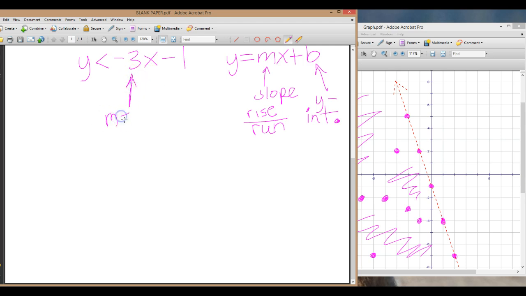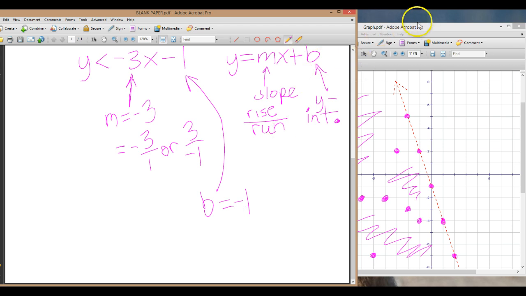So our slope is negative 3. Now we can express that as a fraction, as negative 3 over 1, or as 3 over negative 1, so that we have a rise and run. And then this number would be our y-intercept. So b is equal to negative 1.